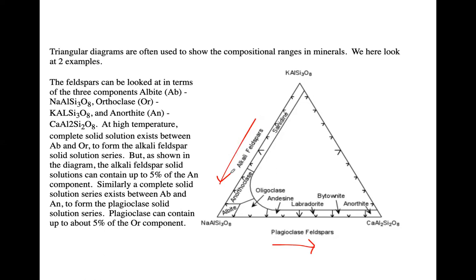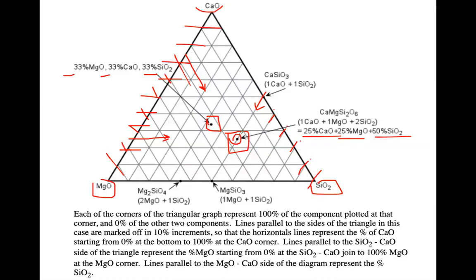So you may notice that there is a huge area here which does not have any feldspar composition, right? So this is a miscibility gap. So you don't get these components mixed with each other, so it plots somewhere here, right? Like in the previous example, no composition of feldspar comes into this point.